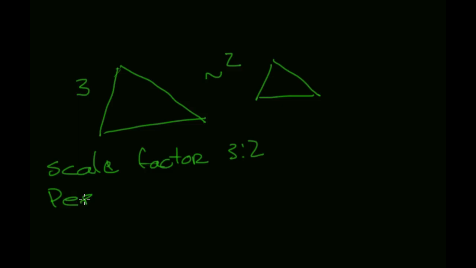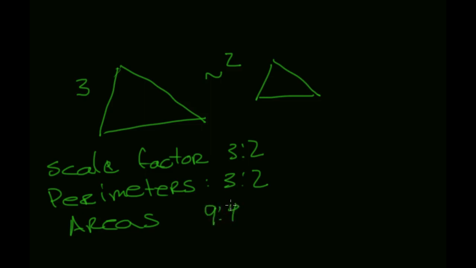So this means that the ratio of the perimeters is also 3 to 2. The ratio of the areas, however, is going to be squares of that. So it's going to be 9 to 4. So what we're saying here is if the scale factor is A to B, the ratio of the perimeters is also A to B. The ratio of the areas is going to be A squared to B squared.